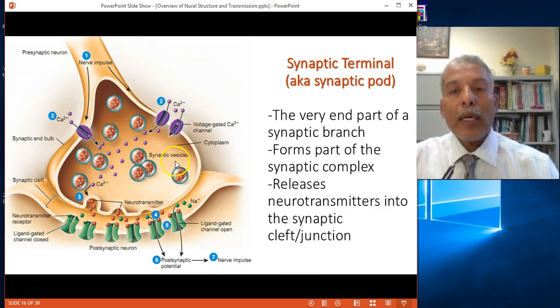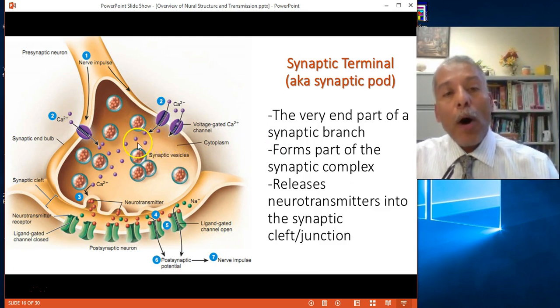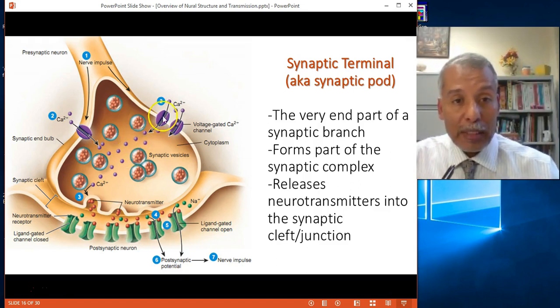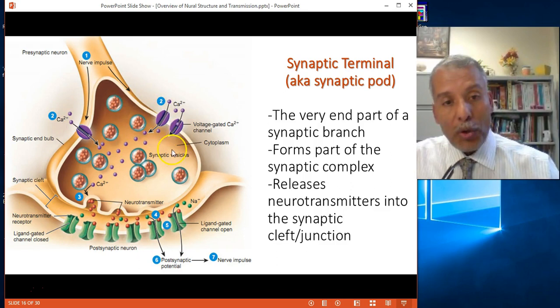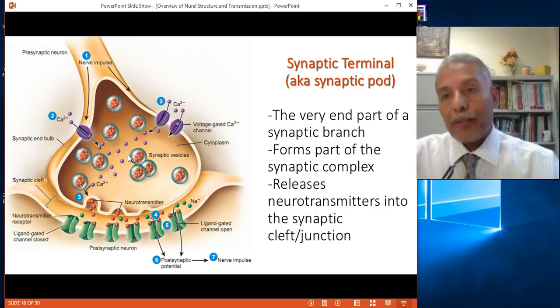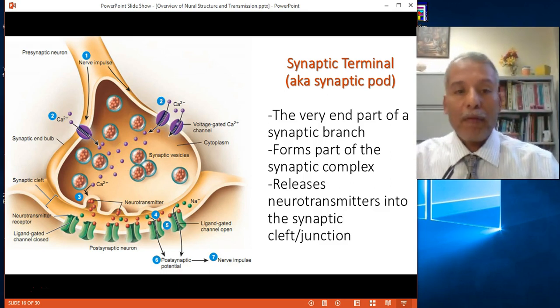And it is one part of the synapse itself. A synapse is the point where two neurons communicate with each other, and sometimes when you say the synapse, it refers to the synaptic complex itself, but either one is fine.